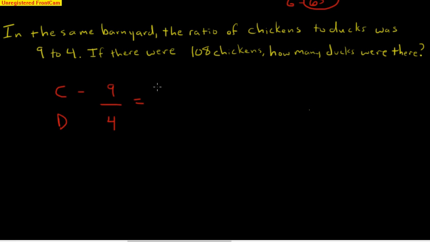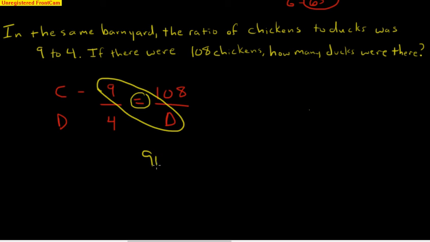If there were 108 chickens, how many ducks would there be? Again, cross products says, since these two are equal, since we've got an equal sign here, 9 times D will equal 4 times 108.